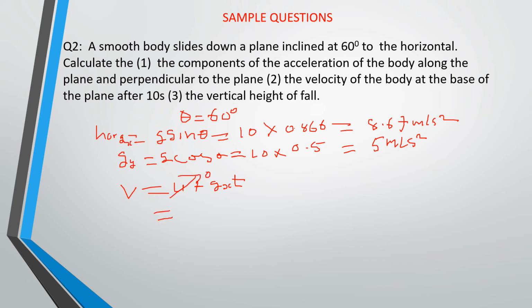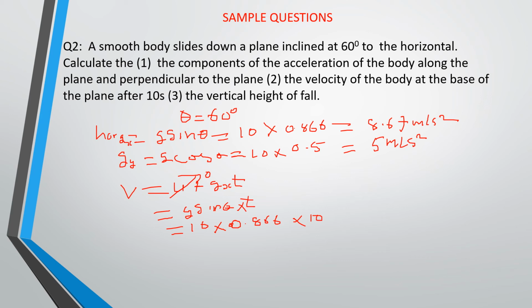So the velocity will now be equal to g sine theta times time, is equal to 10 times sine theta, sine of 60 degrees, 0.86 times 10.